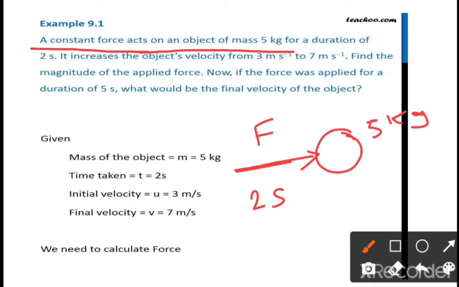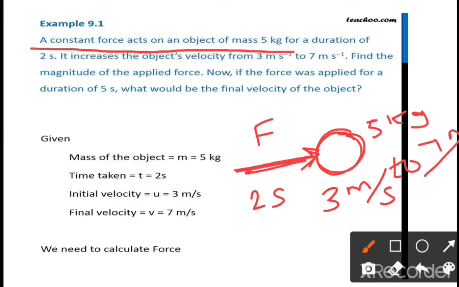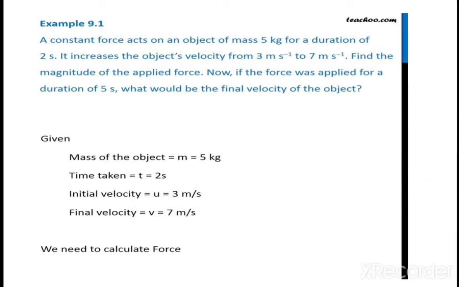After applying this force, the velocity of this object changed from 3 meter per second to 7 meter per second. Find the magnitude of the force. The magnitude means the value of the force. If the force was applied for 5 seconds, what is the final velocity? So listen to the solution.